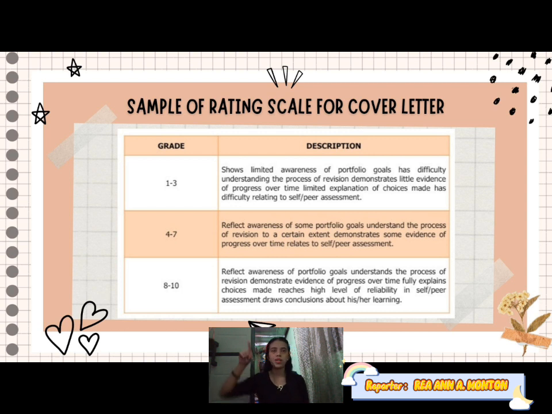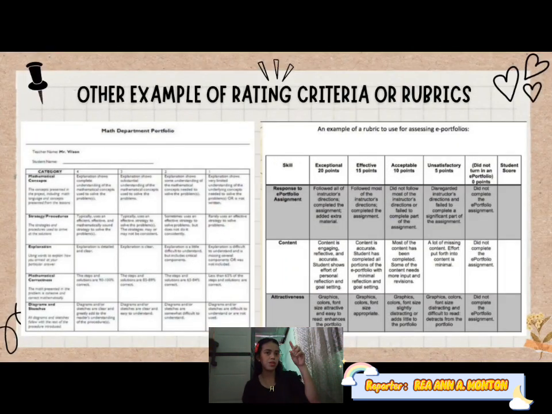I will not read it because you could just read it yourself in order for you to comprehend. So this is only an example. So there are many examples. These are other examples. Yes. So these are examples of a scale or criteria in rating a portfolio.